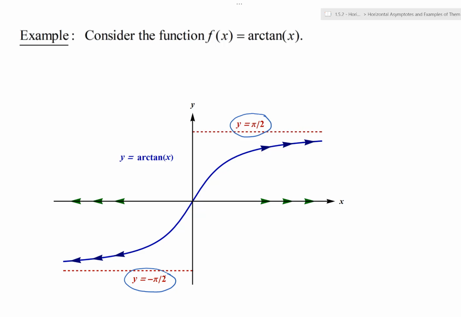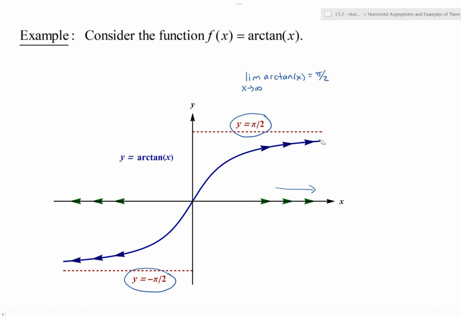Now, why is that? It is because of the behavior of the arctangent function as x goes to infinity or negative infinity. Notice on the right in quadrant 1, we could write that the limit as x goes to infinity of the arctangent function is equal to pi over 2. That's because as x gets very, very large in the positive direction, this arctangent function is approaching that horizontal line, y is equal to pi over 2.